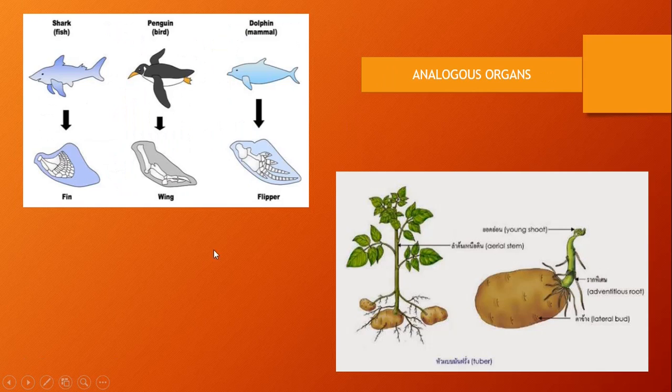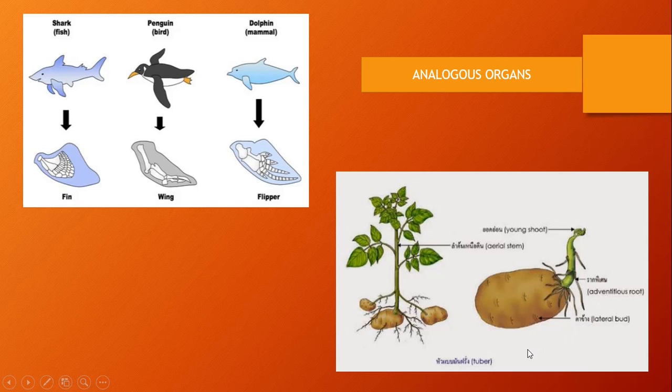You see the fins, wings, flippers. Here all the structures are responsible for swimming, but structural differences are there. So analogous organs show structural dissimilarity and functional similarity. Likewise, there are examples in plants also.